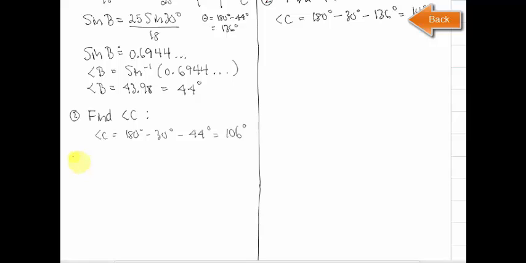Okay. All right. So I'm going to find side C, and I'm going to use sine of A over A equals sine of C over C.